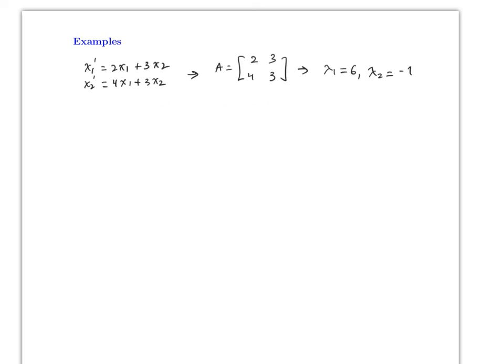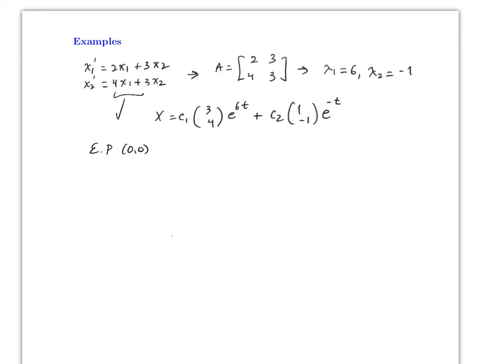When you write the solution, remember the solution will be like this: c1 times 3, 4 e to the 6t plus c2 times 1, -1 e to the minus t. Again, this is what you did before, and you still need to know this for the final, well, for test 3 also. The only new thing here is you need to categorize the equilibrium point, which you can see is just the point 0, 0.